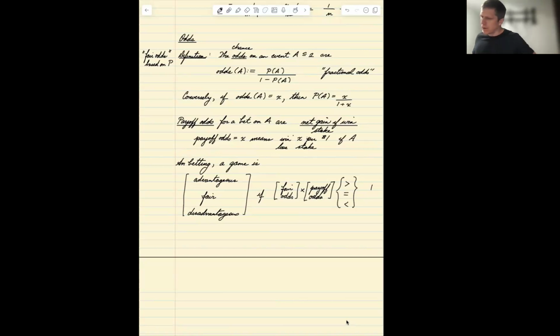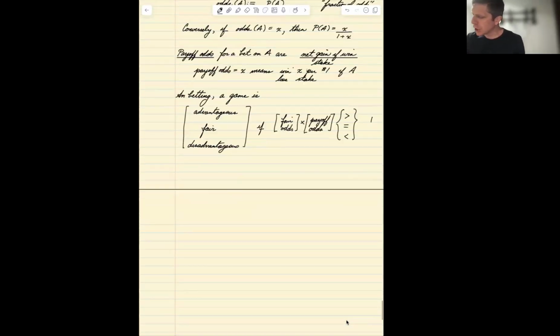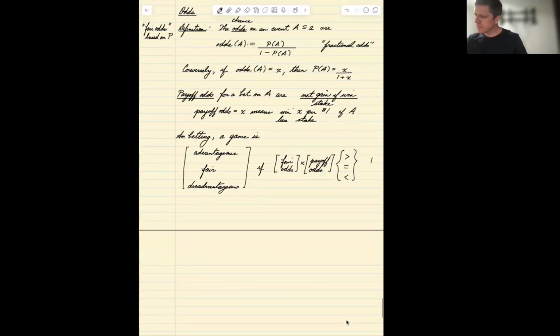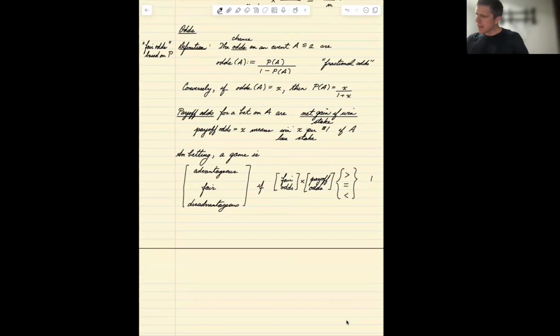Make sure I'm getting that right, actually. Okay. So they're kind of inverted, but why we call them the fair odds. I'm going to call them chance odds.